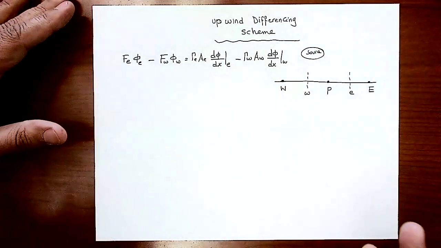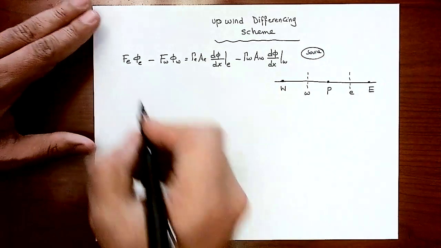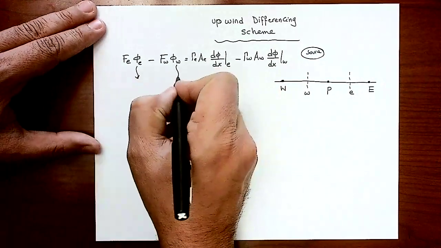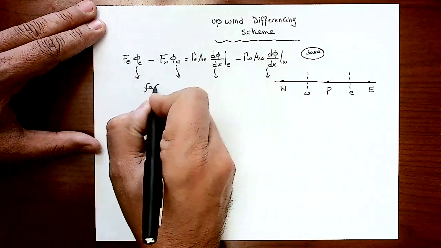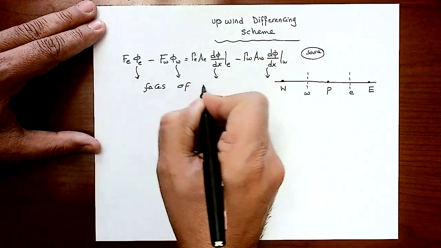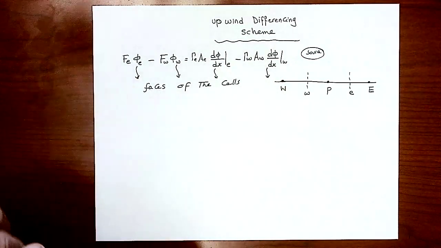Again, we don't need anything from the source term. The approximation is known. It's always linear. Don't change that. So the question is, these are all calculated at the faces of the cells, and that's what we need to approximate.